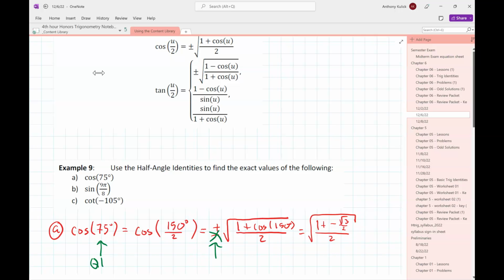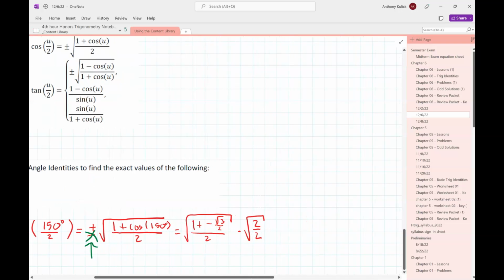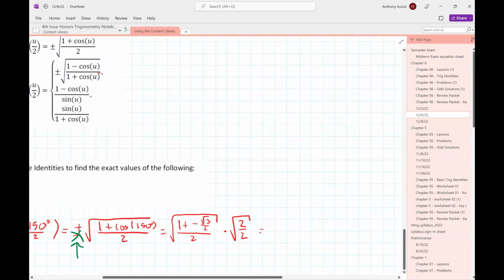What do I have to multiply the top and bottom by to do that? Square root of 2 over square root of 2. Why do I need the square root around that stuff? Because you need to multiply it into a square root, right? If you've got to multiply square roots together, the stuff has to be under the square roots.